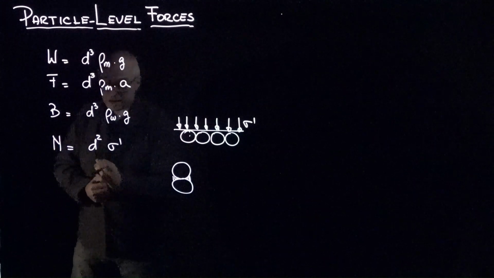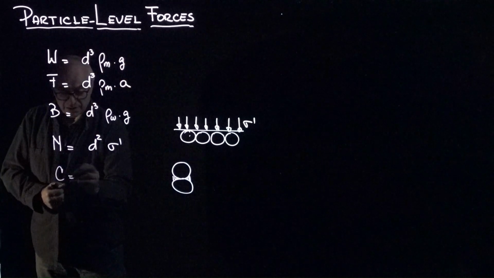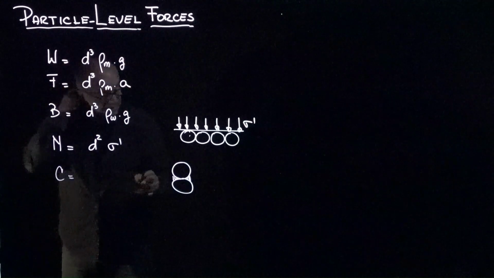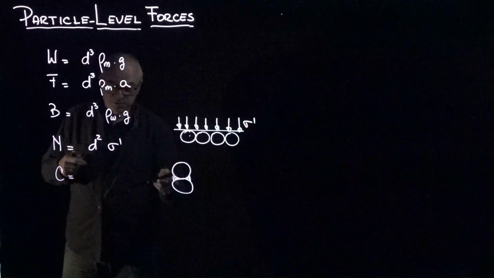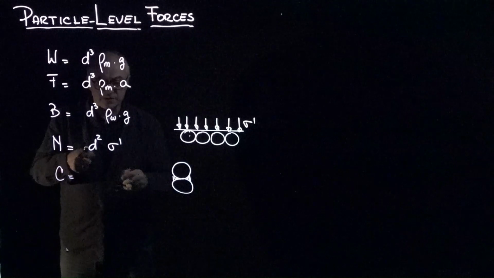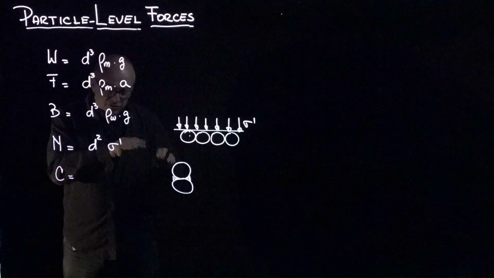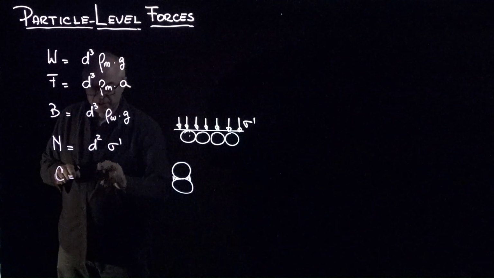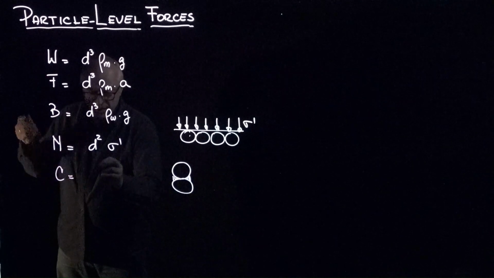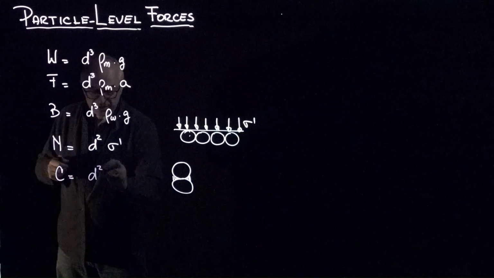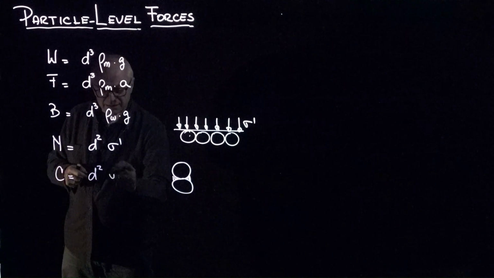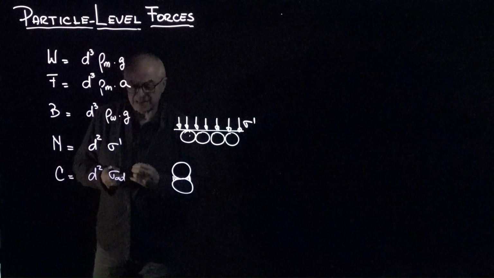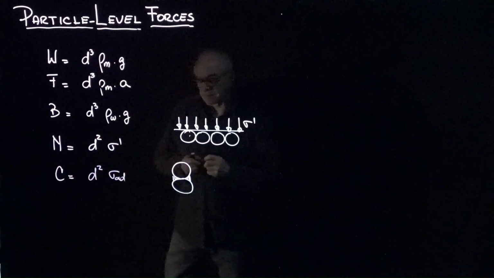And so this cementation force will be proportional to the area that the cement occupies, which probably is in the same order of magnitude, will be correlated by the mass fraction of the particles, but we are going to make it related to d squared and the adhesive strength of the cement, or the tensile strength of the cement.